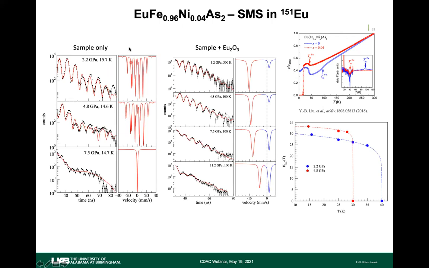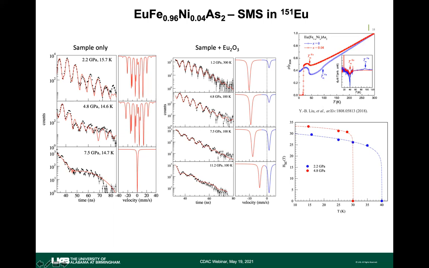We also did the europium-151 Mossbauer experiment at high pressure and low temperature. We saw a collapse of magnetism at 7.5 GPa, and we didn't resolve any hyperfine field down to 14.7 Kelvin. There is some impurity phase, a 3+ impurity phase, and that's why you see these very fine, shallow oscillations.